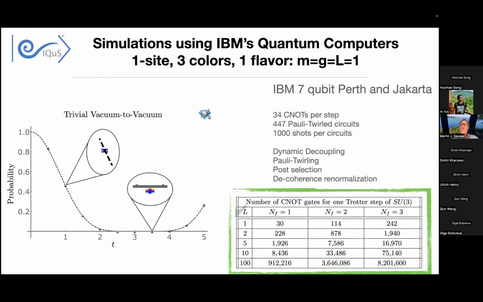So we actually did simulations here on IBM devices. We used Perth and Jakarta, the 7-qubit systems, to look at one flavor, one lattice site, 3 colors. This is basically the bare minimum object that you can do in SU(3). We were somewhat pessimistic going in, given the size and depths of the circuits across 6 qubits.